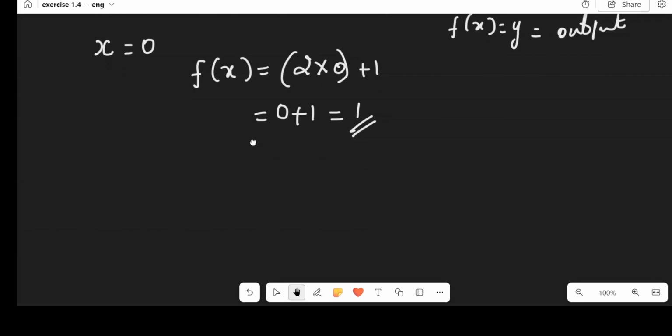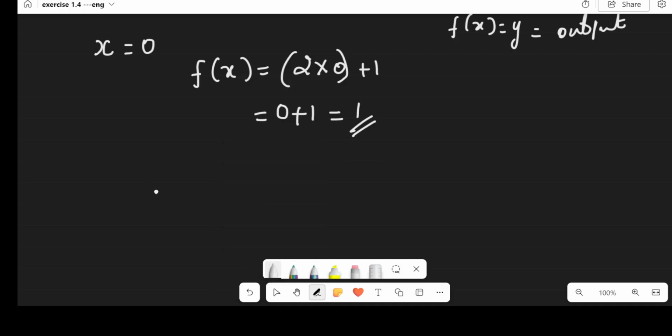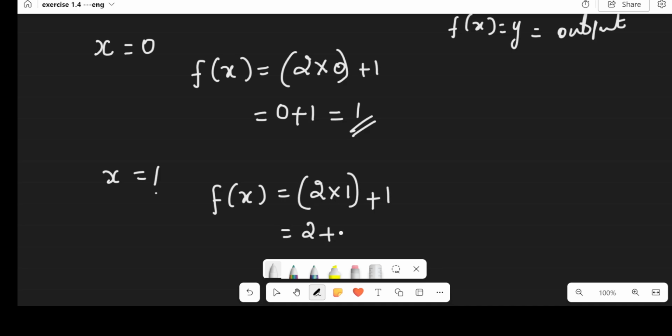Next, I'm going to give the value x equal to 1. Then what should be the answer of f of x? 2 into 1 plus 1. 2 into 1 is 2, 2 plus 1 is 3. We are getting a different answer.